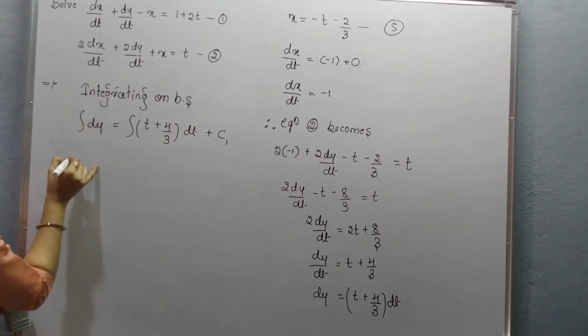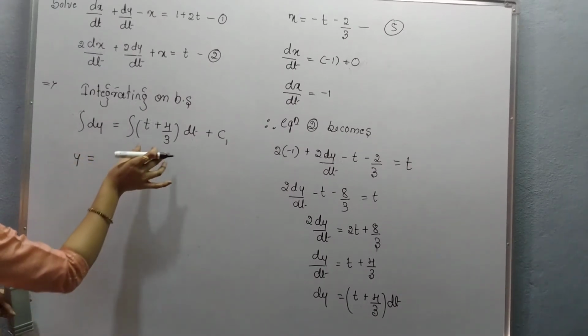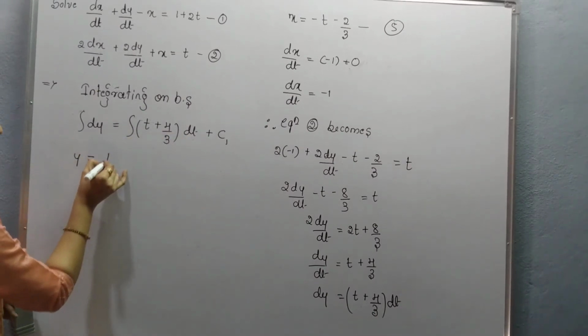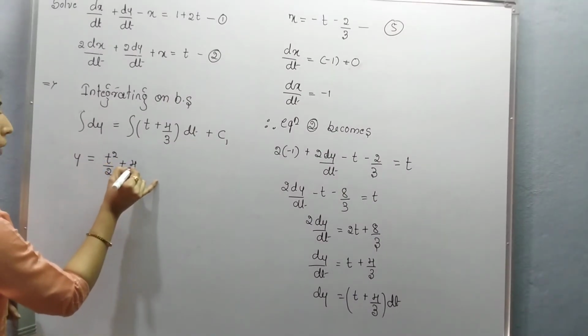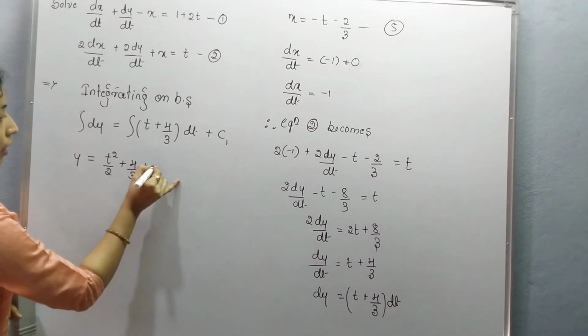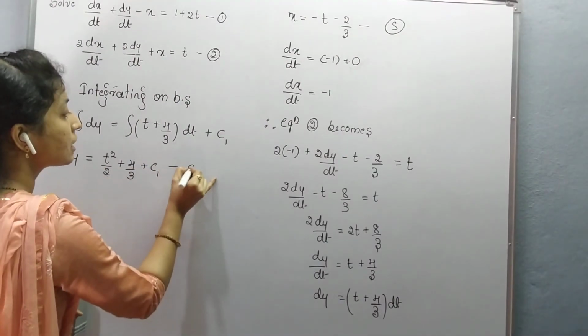Integration of 1 with respect to y is y, is equal to t square divided by 2 plus 4t by 3 plus the integral constant c1. Call this equation 6.